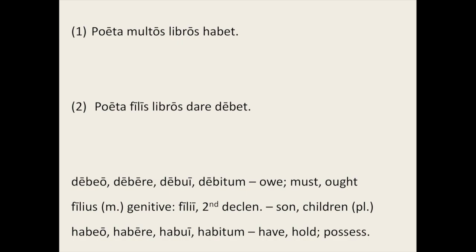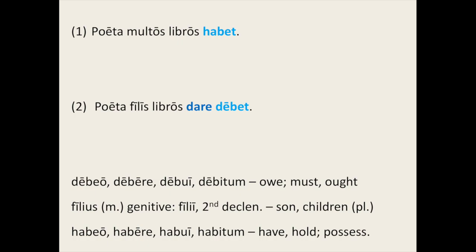Let's first identify the verbs in these sentences. See if you can highlight the finite verbs, those which have been conjugated in the present tense and have a number and subject in each sentence, and also any infinitives. How did you do?